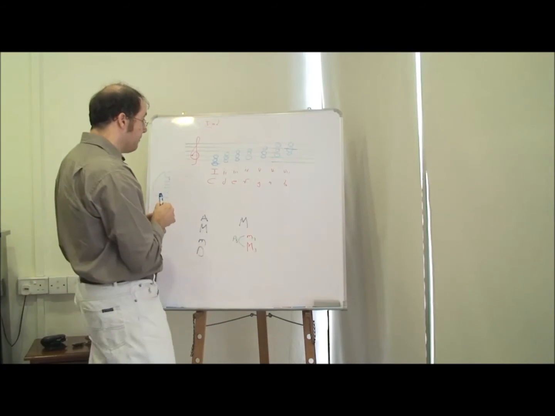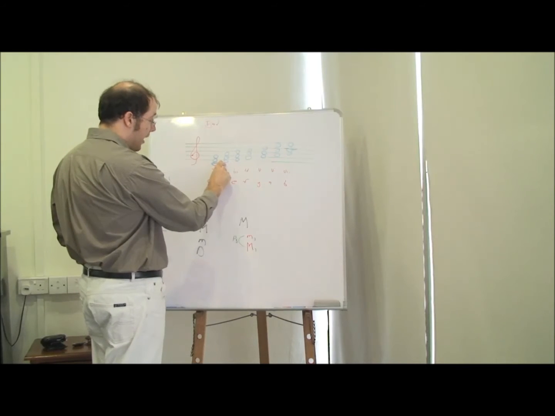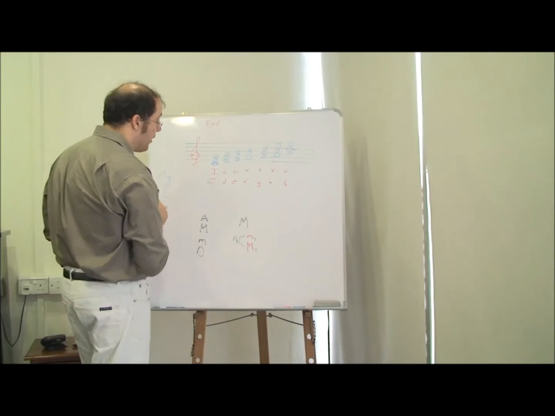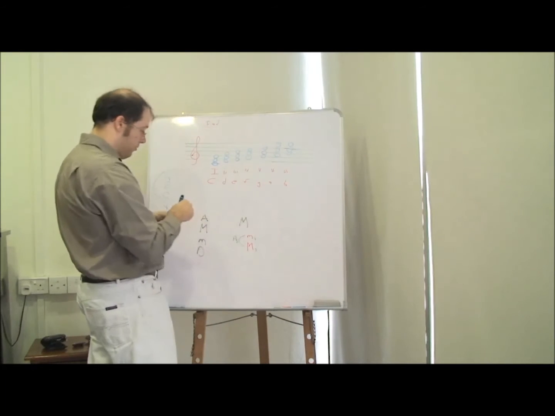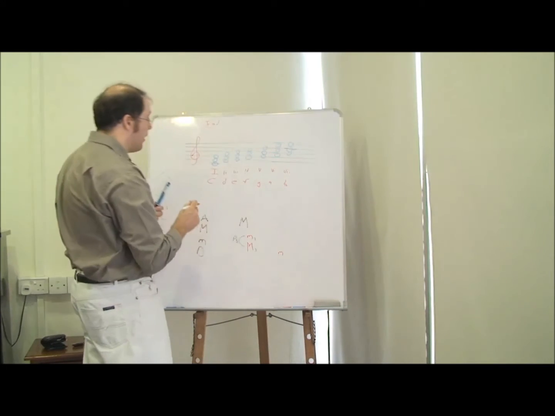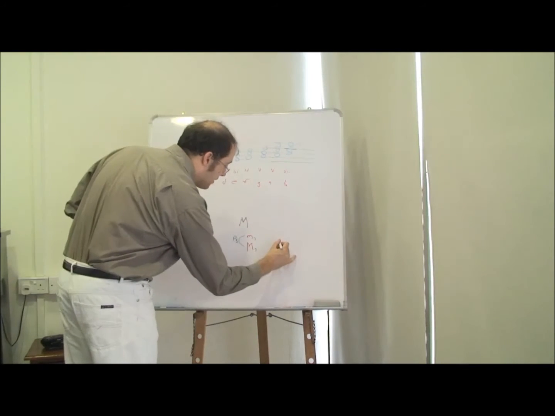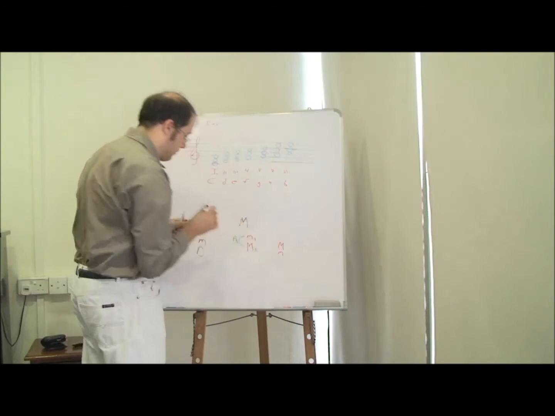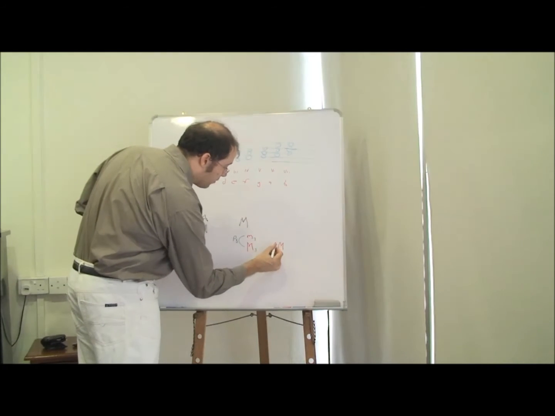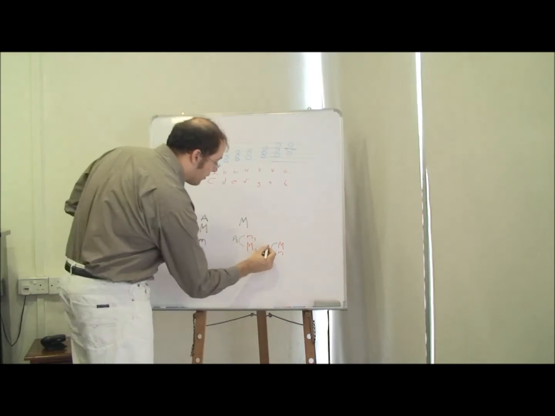Okay, so that's the first one. Now if we have a look at the second one, in D major you would have an F sharp. So D to F is one step smaller, in other words a minor third. And F to A: F major has an A natural, so that's a major third. And once again, for the whole fifth, D major has an A, so that's a perfect fifth.